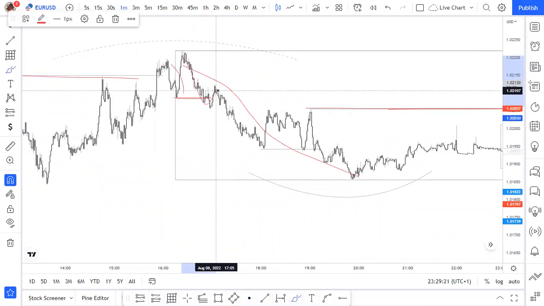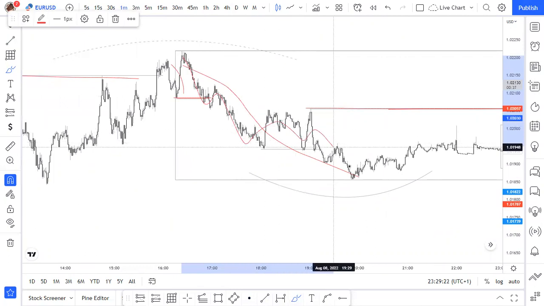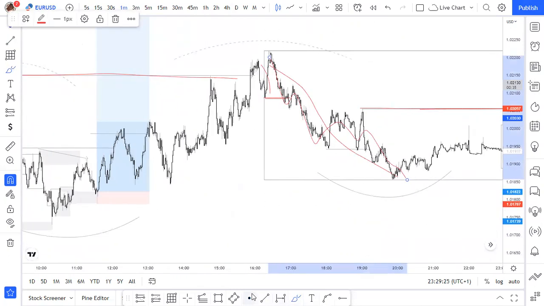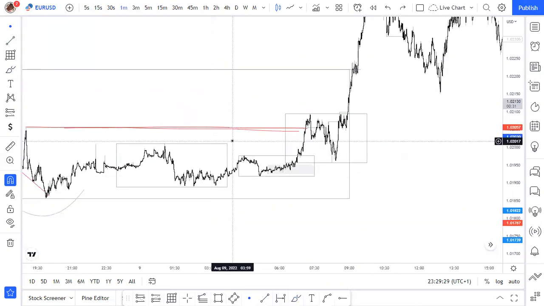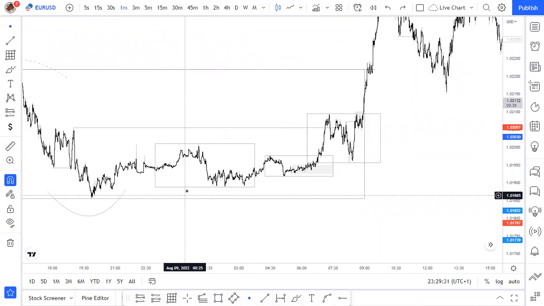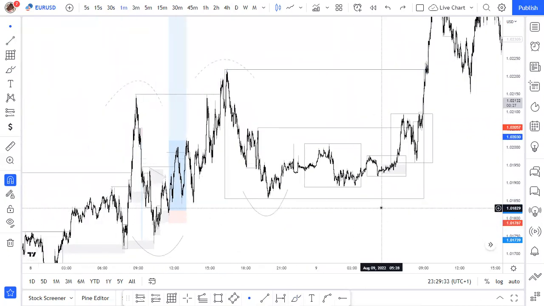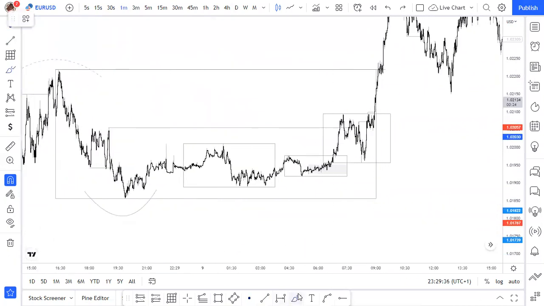Before I would even think of taking trades today, price has to return to being bullish to make sense.